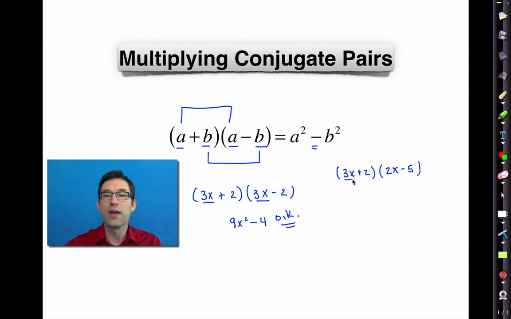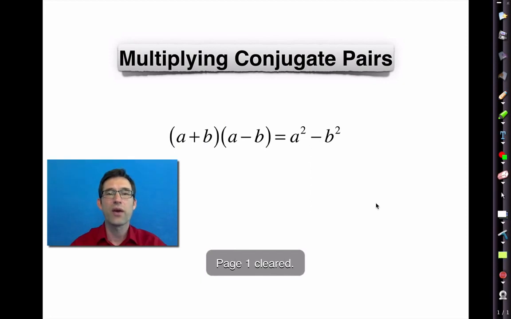It wouldn't be okay to do 3x times 2x and get 6x squared and then do 2 times negative 5 and get negative 10. That is wrong, wrong, wrong. Okay? It must be the product of conjugate pairs. All other products you really have to do by going through the double distribution or the foiling or the boxing or whatever you want to call it. Okay? So I'm going to clear this out, and then we're going to use that pattern to quickly multiply conjugates. Okay?